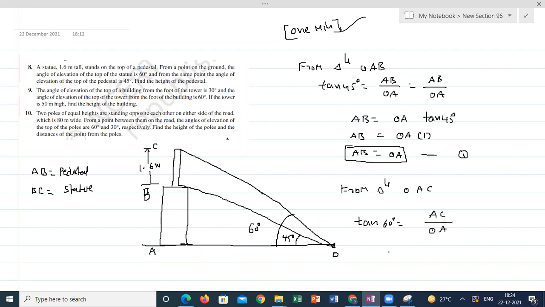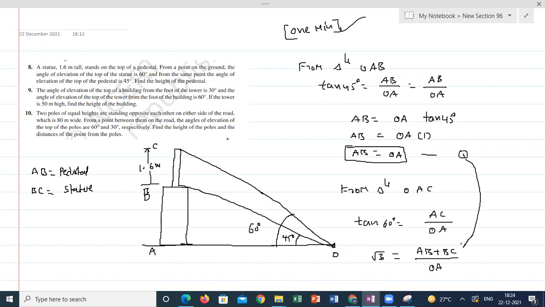So here I want the pedestal height. Pedestal height is only AB. So tan 60 is nothing but root 3, and AC can be written as AB plus BC, by OA.